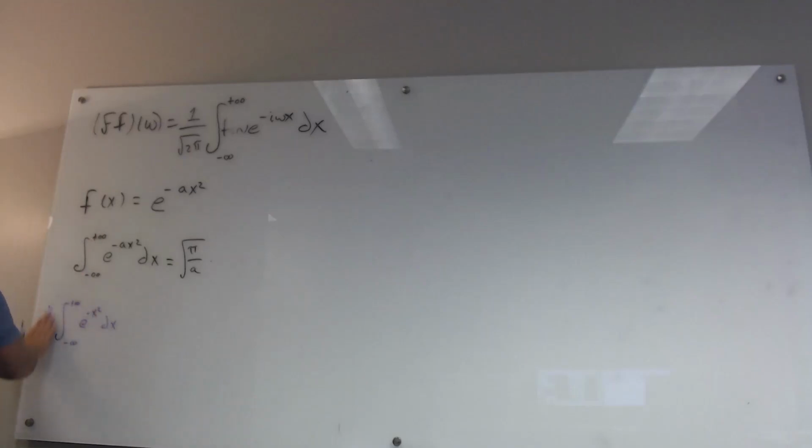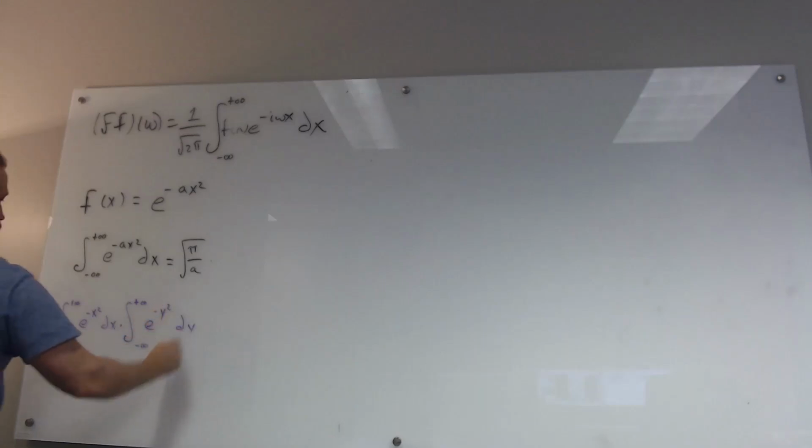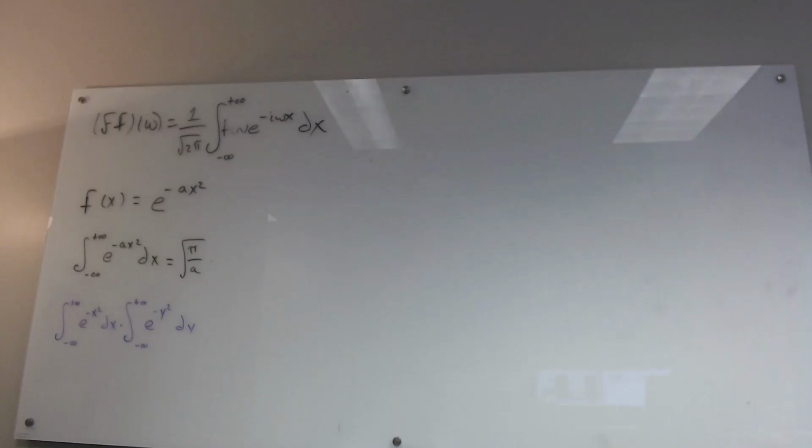We're not going to compute this integral directly; we're going to compute this integral squared and then take the square root. So we have something like this, but now with a variable y: e to the minus y squared dy. This is just a number, the square of the thing we care about.